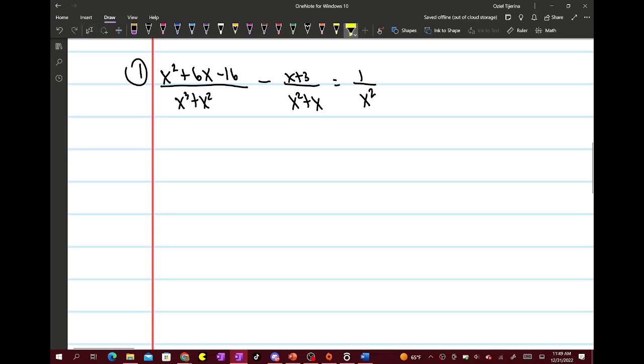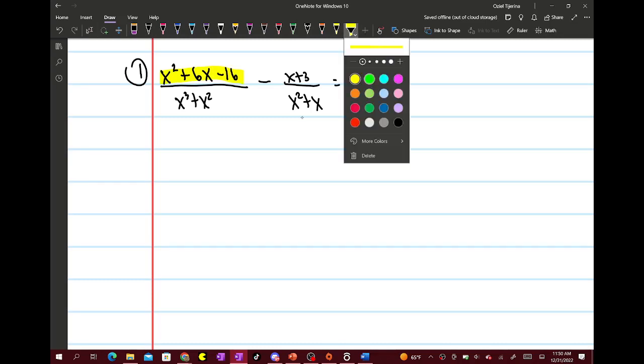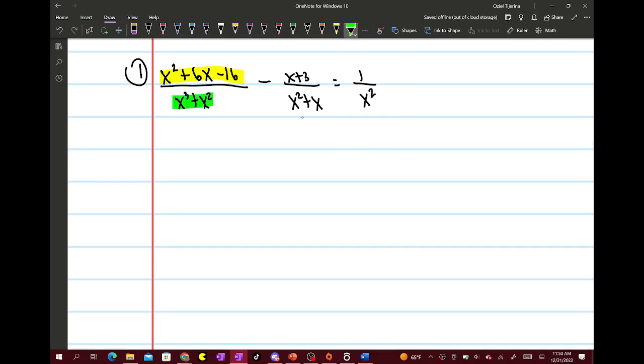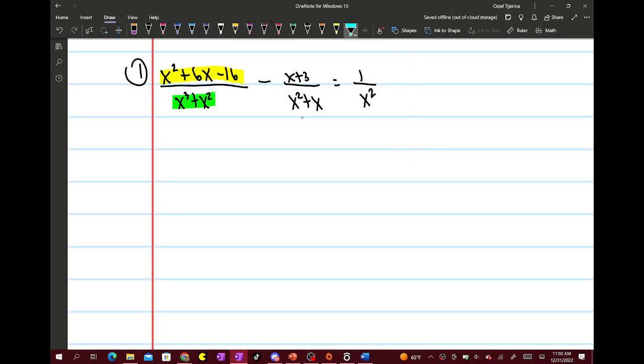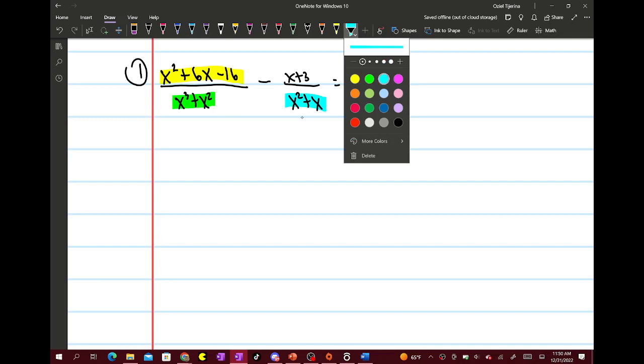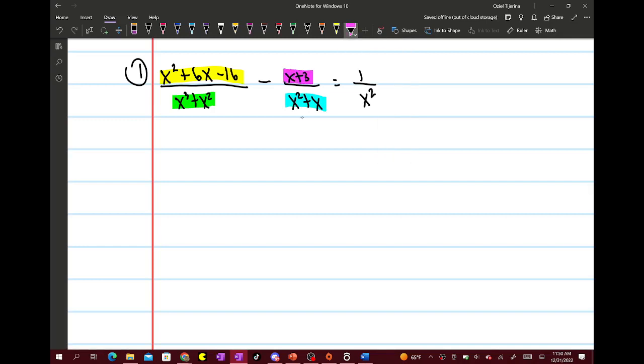The idea here is you want to factor each one of these and try to find the common denominator for these problems.